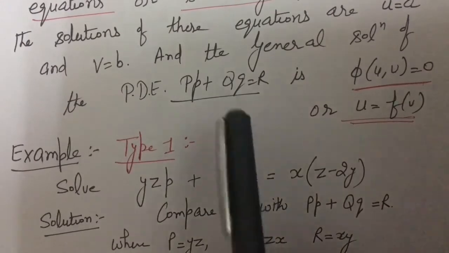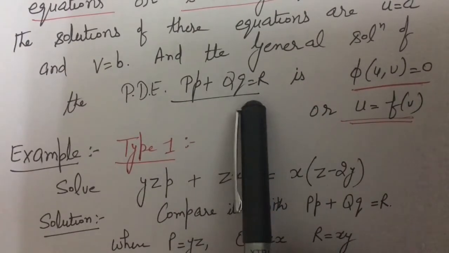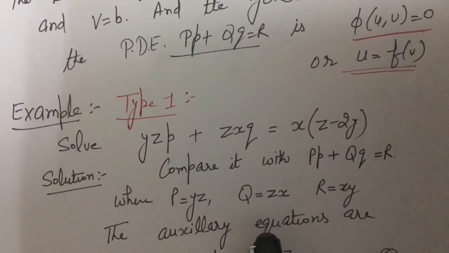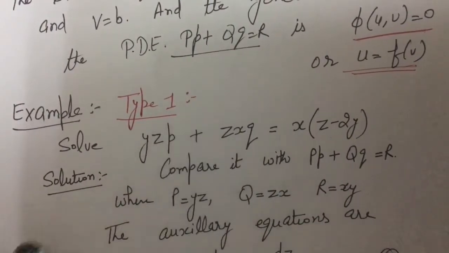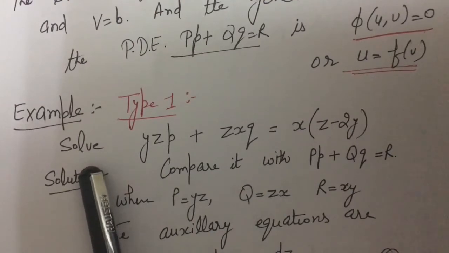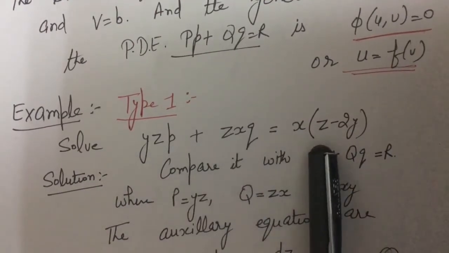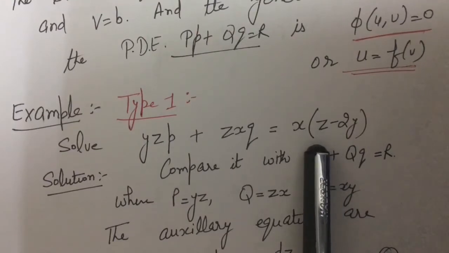Now we can solve this Lagrange's equation by various examples. There are 4 types of examples. In type 1, suppose we have the statement yzp plus zxq is equal to xy minus 2y.